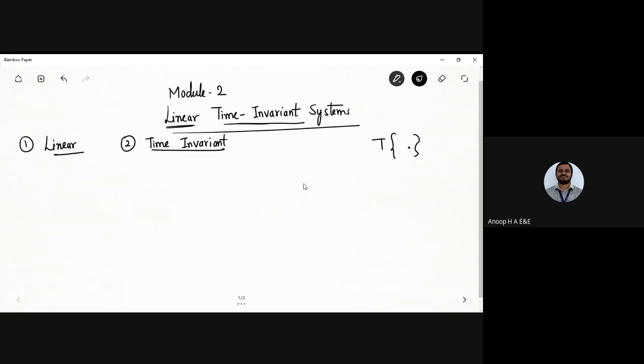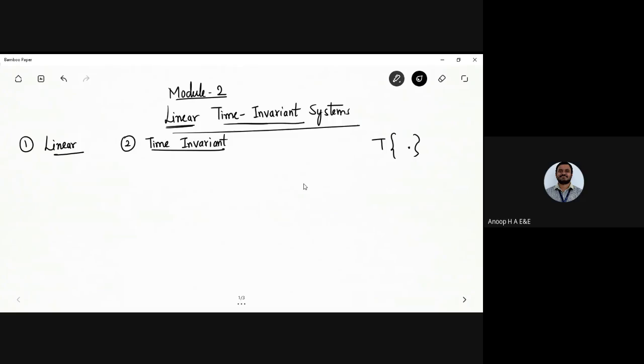Along with that, we are going to have a few more concepts with respect to signals and systems, and this module is entirely about the linear time invariant system.